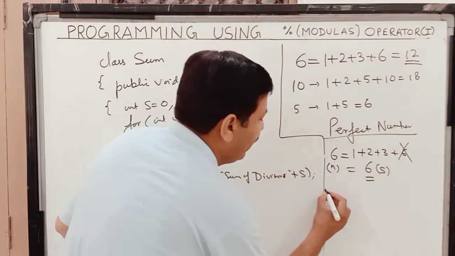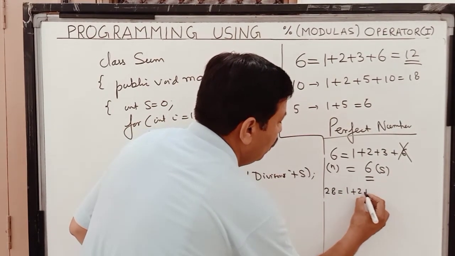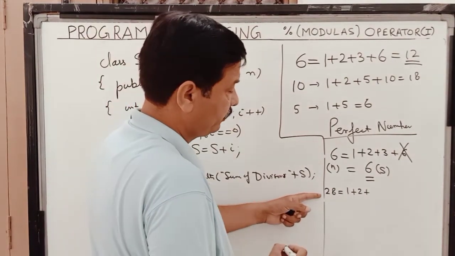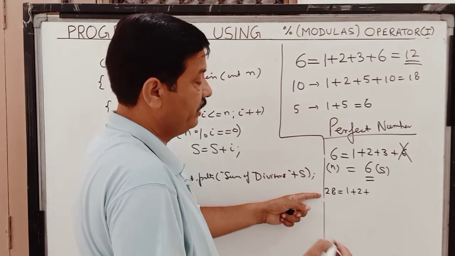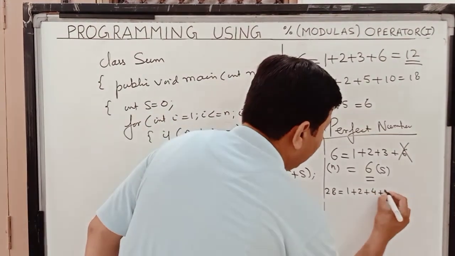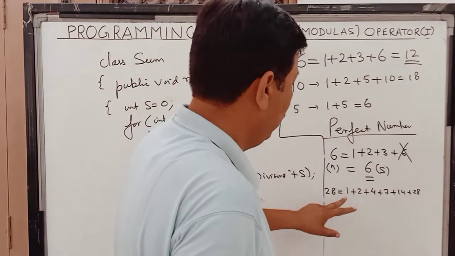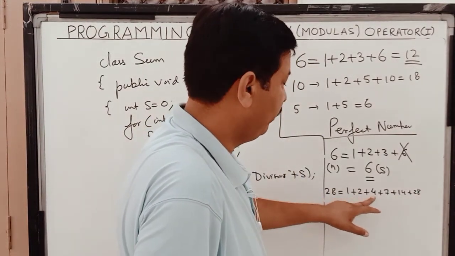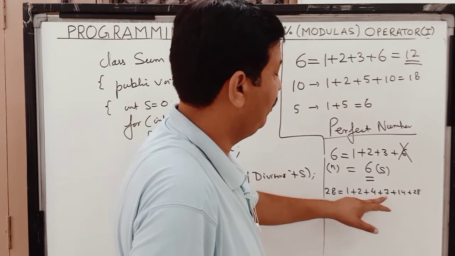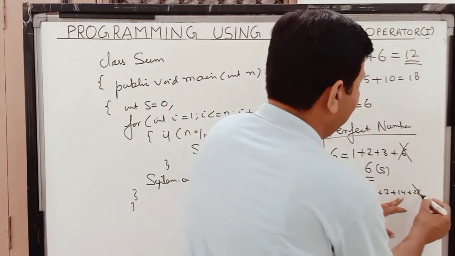Now we see another example, 28. Factors are 1 plus 2 plus, what is the next divisor of 28? 4. 4 plus 7 plus 14 and 28. So 1 plus 2, 3 plus 4, 7, plus 7 is 14, plus 14 is 28, and we have left this number.